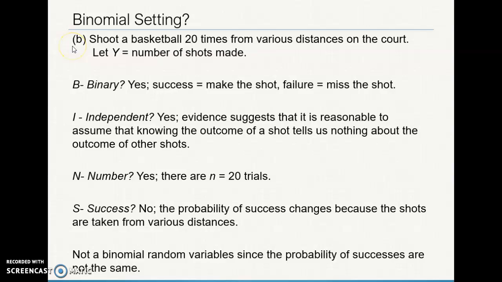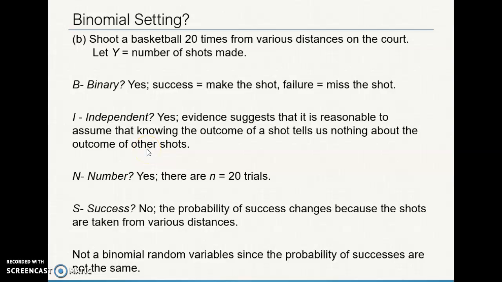All right, now let's go ahead and take a look at letter B. So B was shooting a basketball 20 times from various distances. Y, our random variable, was the number of shots made. Was it binary? Yes, you're either going to make the shot or not. Notice that's in context. Independent, yes. Evidence suggests that it's reasonable to assume that knowing the outcome of one shot tells us nothing about the outcome of the other shot.